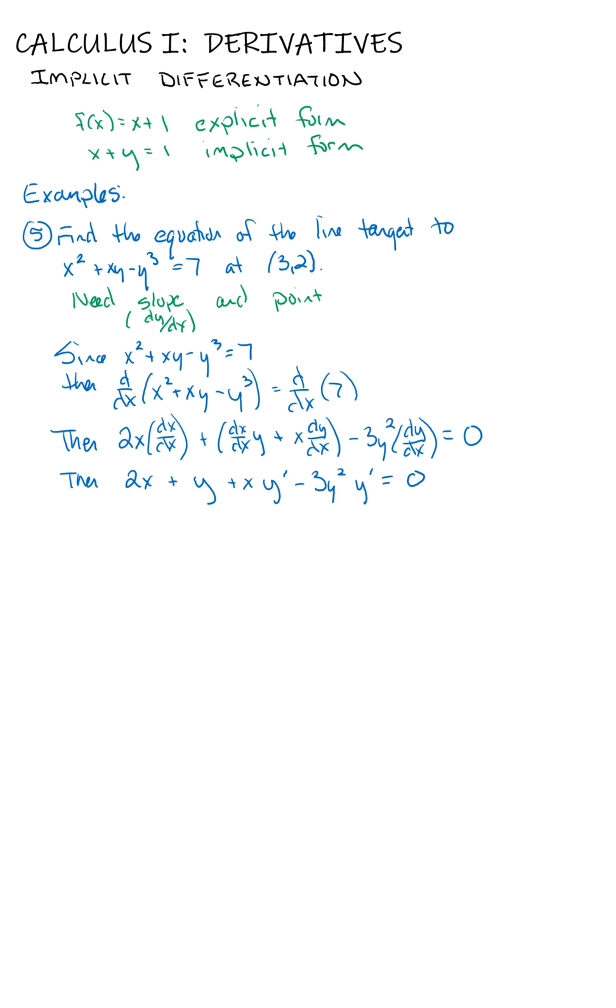Now the idea is I want to go ahead and solve for that y prime. So let me go ahead and keep these two terms that have y prime on the left-hand side, but then these two terms that do not have a y prime will move over to the right-hand side. We will do that, of course, by subtracting them from each side of this equation.